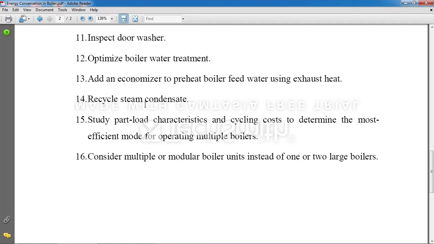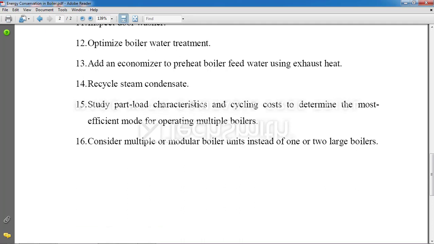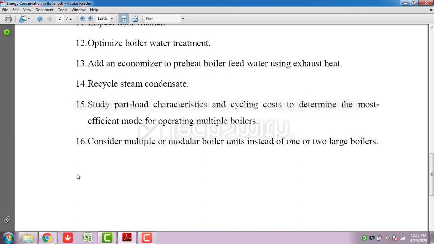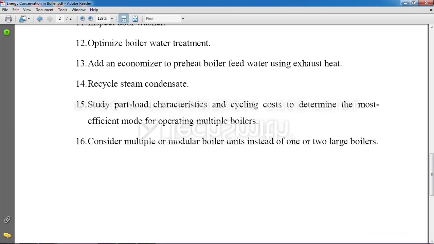Next, recycle steam condensate. We know we are recycling the steam, means after the steam comes off the turbine we send it to the condenser, and the condenser converts it to water, and the same water is refed to the boiler. That we are already doing in the system. Next, study part load characteristics and cycling costs to determine the most efficient mode of operating multiple boilers.